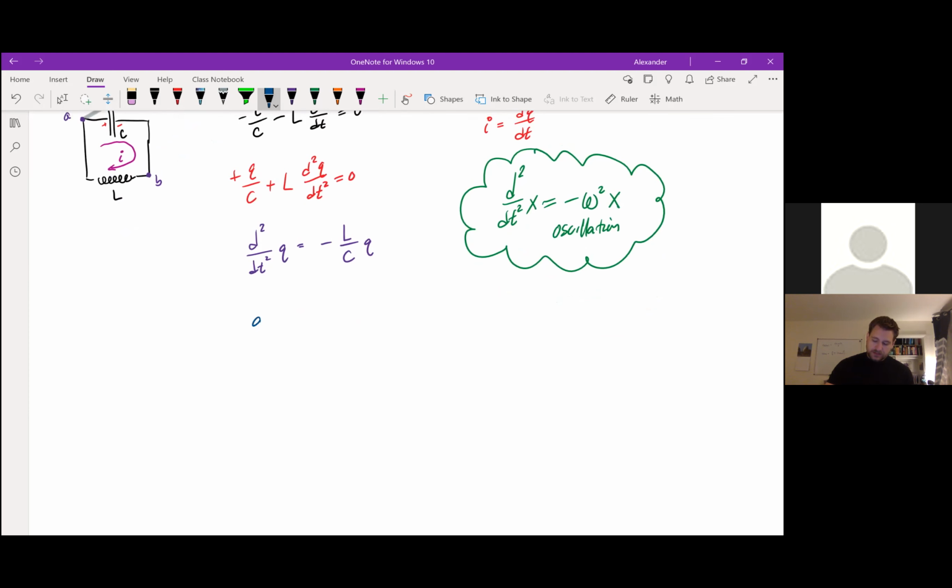We know that Q as a function of time is some amplitude times the cosine of omega t, where omega is the square root.